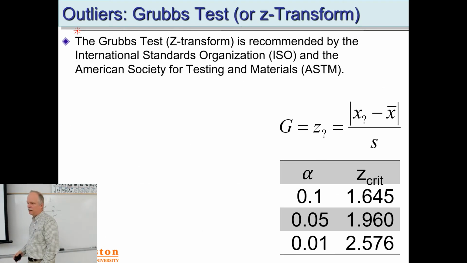The z-test is recommended now by standards organizations like ISO and ASTM. And this one is, I guess, more closely tied to the Gaussian distribution.